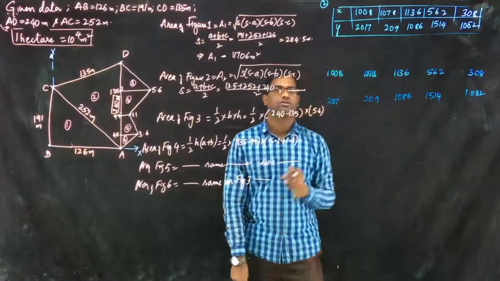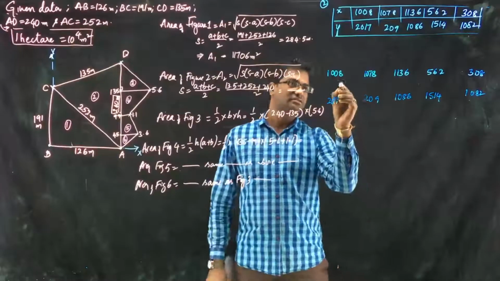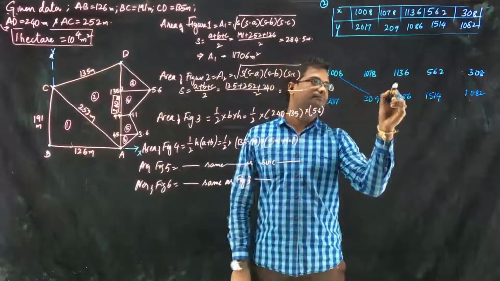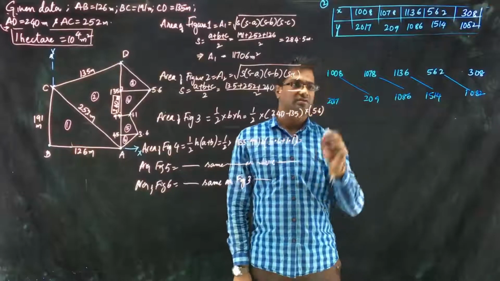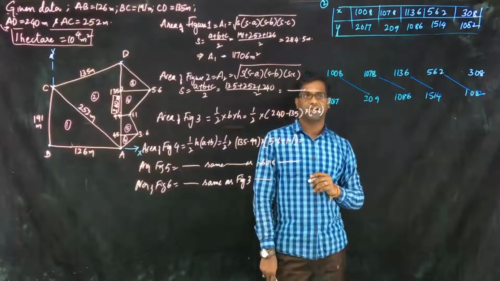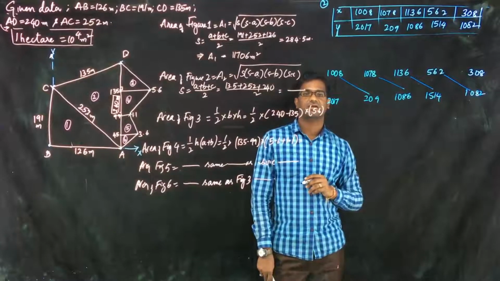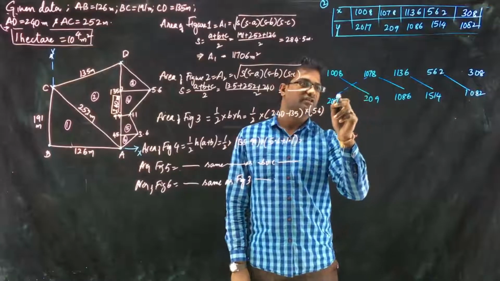After writing down the x and y coordinates, just draw these lines. Every diagonal I have drawn as a thick line, as you can see, and you have to draw a dotted line from the rest of them diagonally.